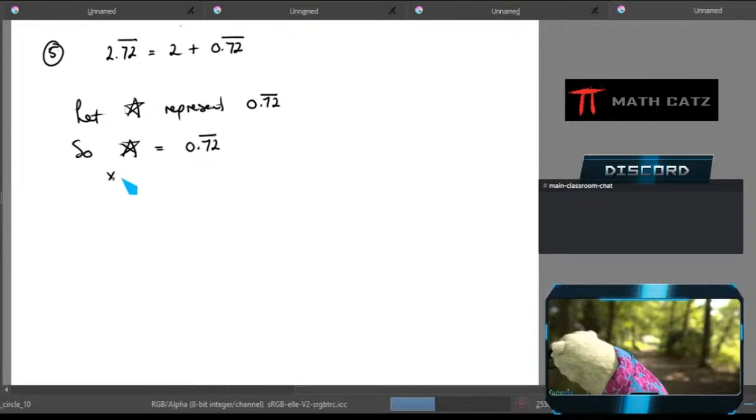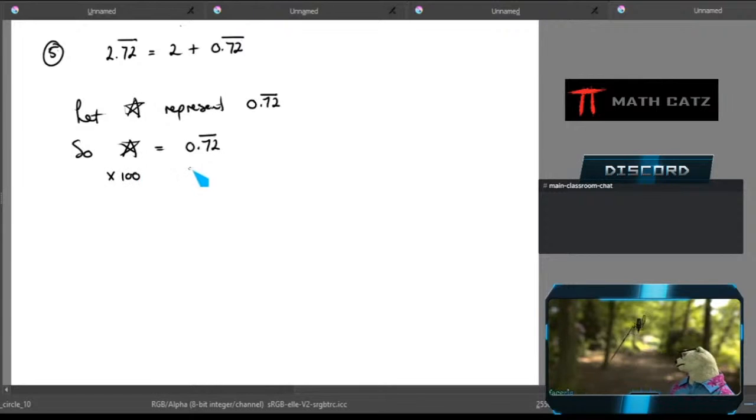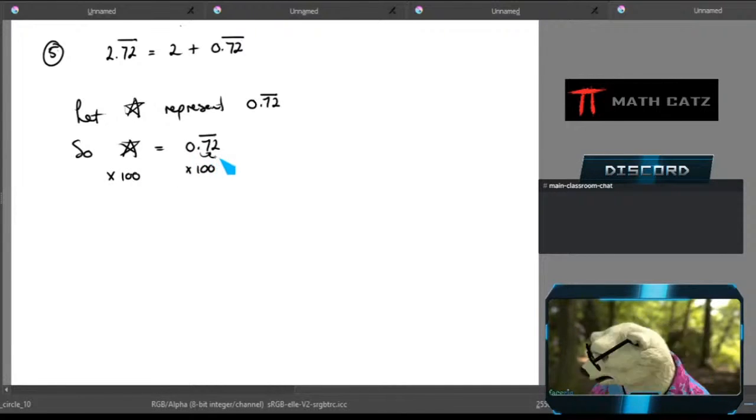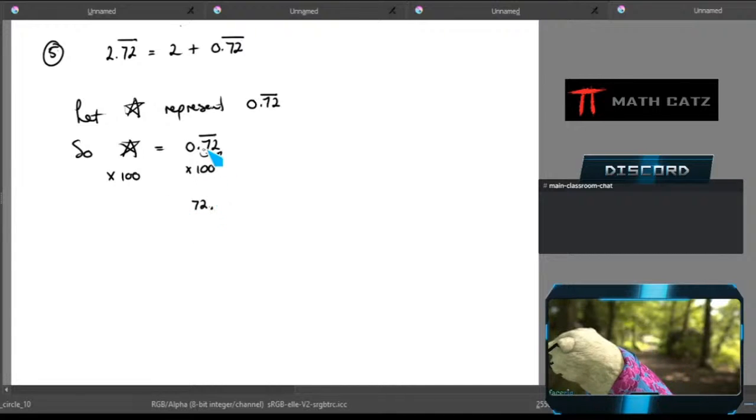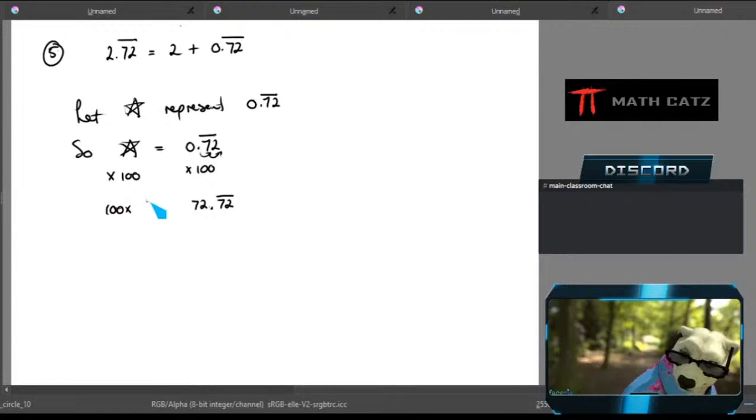So this time I'm going to multiply it by 100 because I need to move the decimal point twice so that I get 72, the repeating section, out. But of course, there are infinitely many 72, 72, 72s repeating. So there's still infinitely many of them after the first 72. They never end. And on the other side here, of course, I have 100 of these stars.